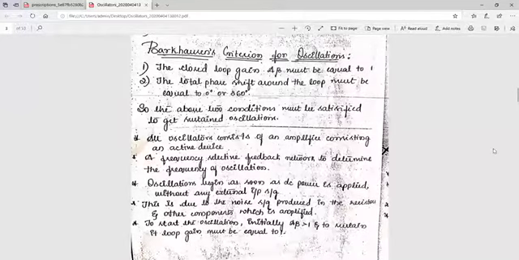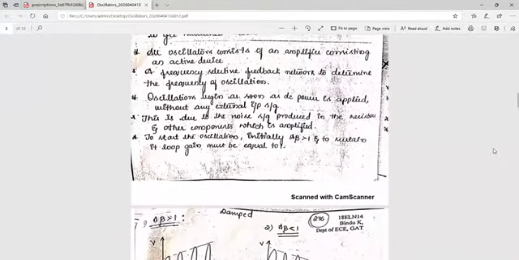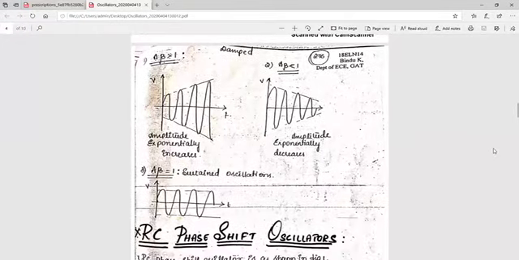Now what is the meaning of this, you can see here. We will see the three different conditions for A beta. That is, the closed loop gain factor, A into beta, the product, if it is greater than 1, you can see the oscillations being produced. Initially, the amplitude is increasing exponentially for this condition.